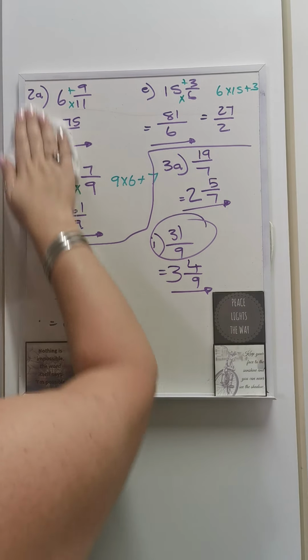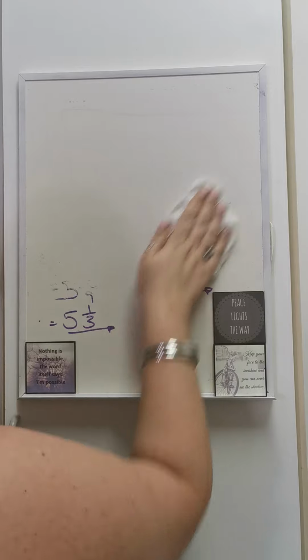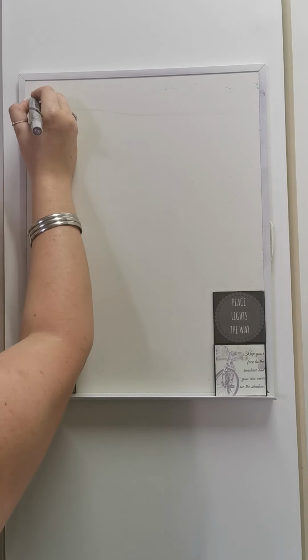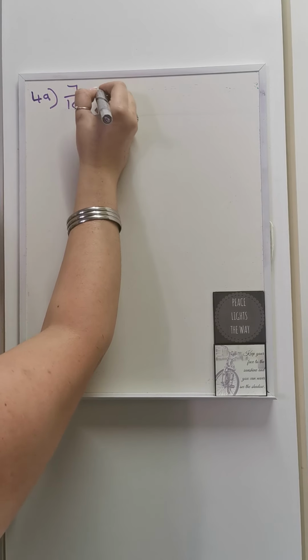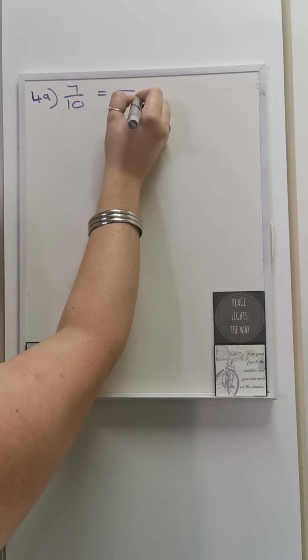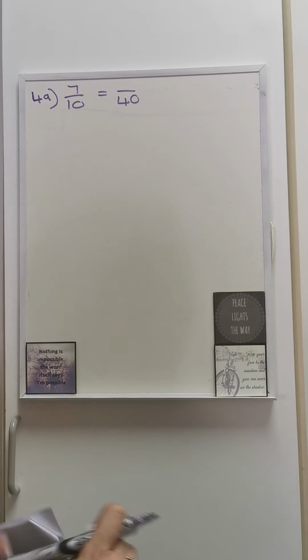Okay, now that we've done that, I think let's somewhat quickly do number 4, because it will be quick, and then we can concentrate on number 1, which is the more valuable question. So number 4a says 7 over 10 is equal to what over 40? Okay, so remember with fractions, it always works like this.